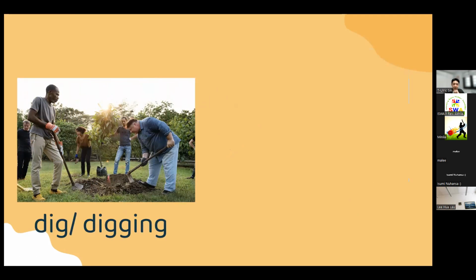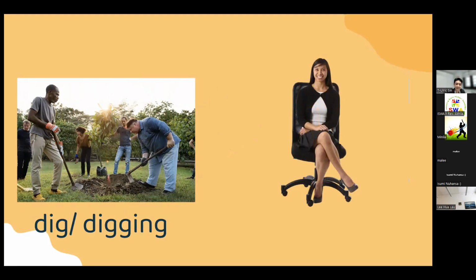Short I. Yeah, that's correct. So what is this lady doing? Sitting. Yes, and is it a long or a short vowel sound? Short I. Yes, that is a short sound.